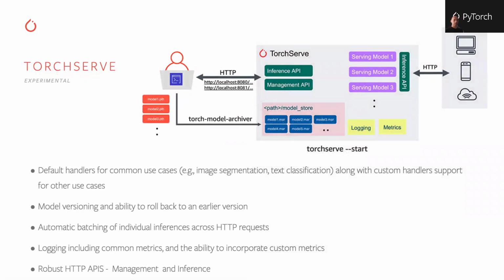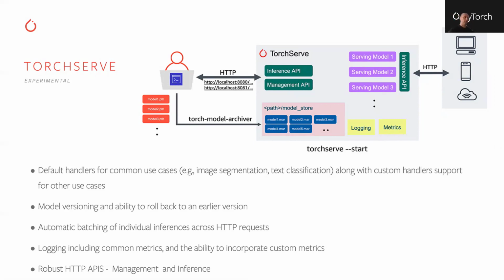And so one of the things we worked on with the Amazon folks, AWS, is TorchServe. TorchServe is essentially a model server, and provides a set of APIs for inference as well as management. It has a default set of handlers, so if you're doing things like text classification or image segmentation, you can use those, and you can also do custom handlers.